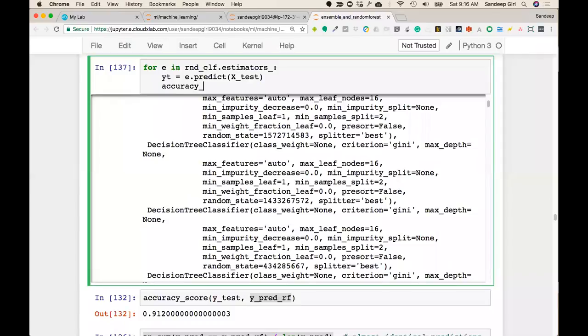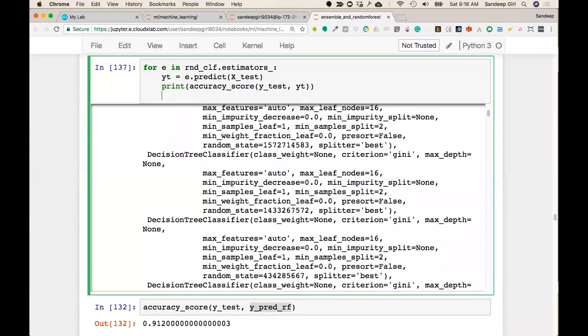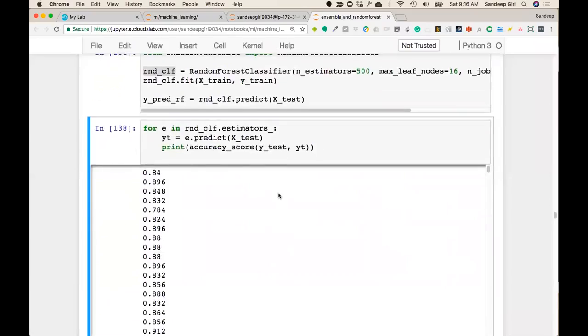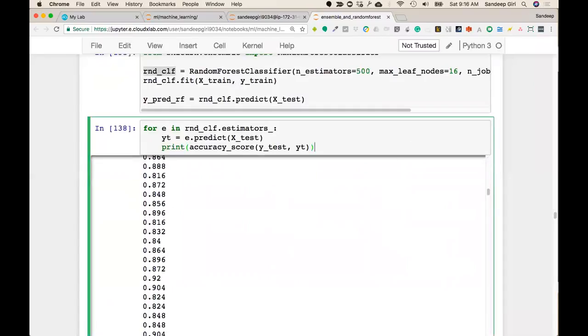This could be one way to see the accuracy of each of them. So this is a quick way to take a look, and this way you could take a look at it.